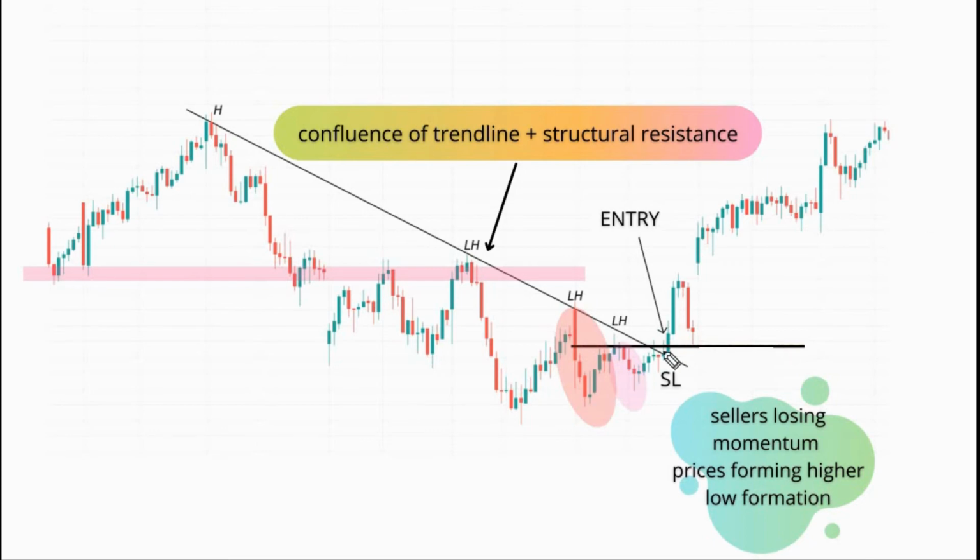So there are multiple factors, and then after multiple rejections, see these candles, there are multiple rejections happening here. Sellers are trying very hard to push the prices towards the downside, but buyers are also equally very very strong, and finally they broke out. So we'll enter here, stop loss here, and see the huge upside momentum after that.